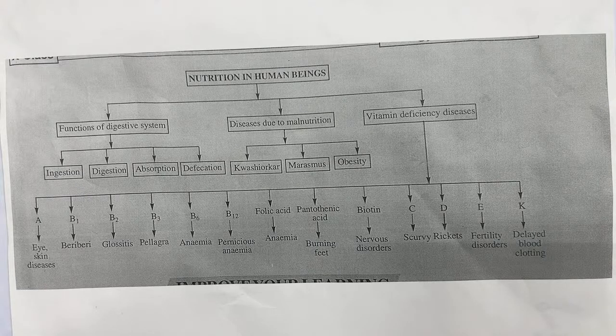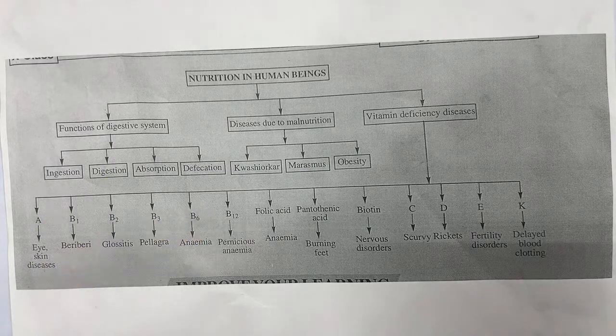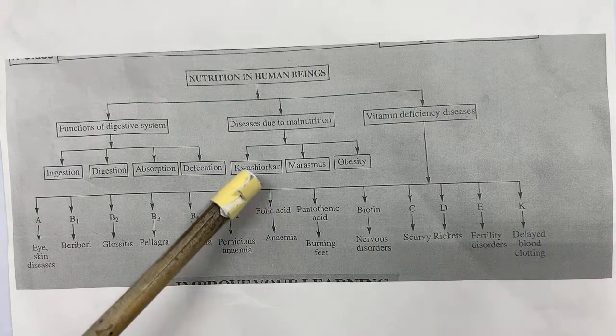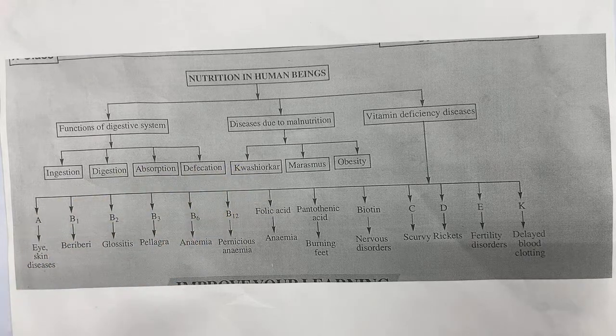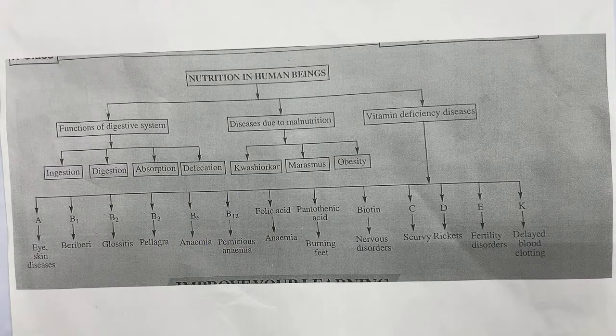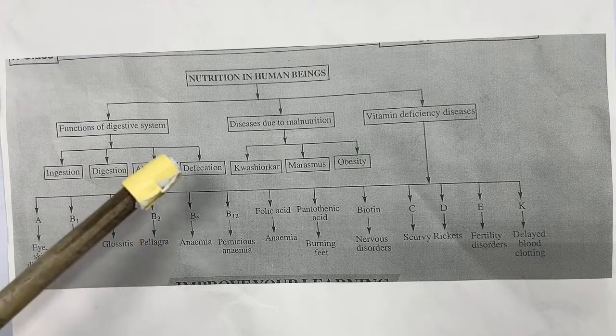Now I will go to the diseases which are caused if the food has some bad conditions. The first one, kwashiorkor, a deficiency of proteins. With protein deficiency, you get kwashiorkor disease, and in this case the body becomes swollen due to accumulation of water.